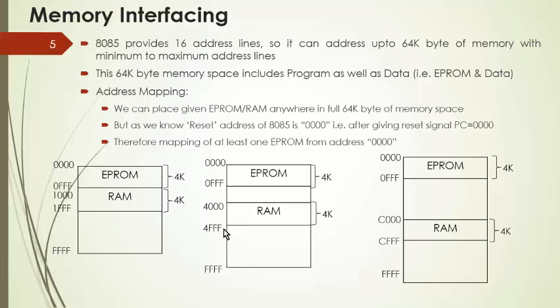If we subtract the initial address from the final address, 4FFF minus 4000, you will get FFF, and if you convert that FFF hex to decimal, you will get 4 kilobytes of memory capacity. So in this second example, the RAM IC is placed in memory from location 4000 to 4FFF.